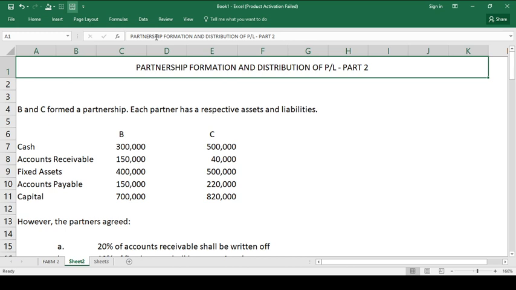So hopefully you have able to understand how partnership is being formed, assuming that there are adjustments to be made prior to the opening of the new balances, to opening of accounts of the newly formed partnership, and then the basic distribution of profit and loss.